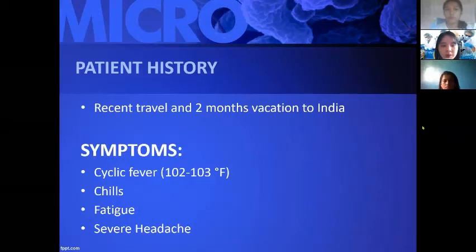So, to sum up the case introduction, for the patient history, he has recent travel, a 2-month vacation to India. And these are the symptoms that he is experiencing, which include the cyclic fever, which is 102 to 103 degrees Fahrenheit or 38 to 39 degrees Celsius, chills, fatigue, or feeling of tiredness, and also the severe headache.